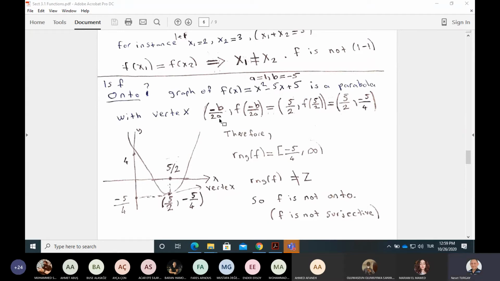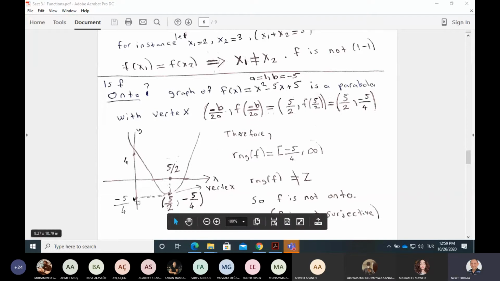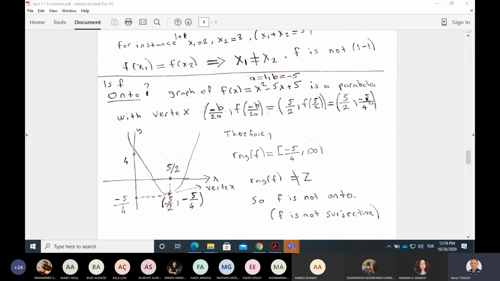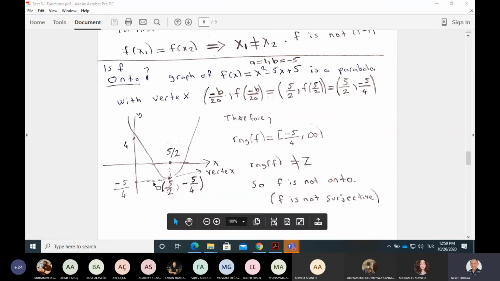So the vertex x coordinate will be minus b over 2a. That means 5 over 2, because b is minus 5, times minus. Now the y coordinate is f of 5 over 2. So if you put 5 over 2 here and do these calculations, you will end up with minus 5 over 4. So this means that f of x can start from minus 5 over 4 and so on.